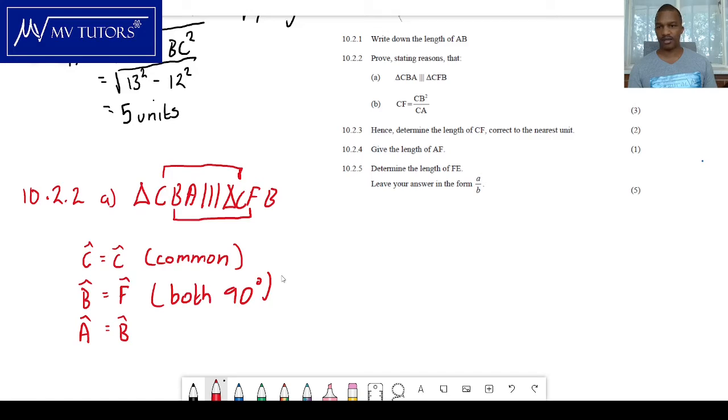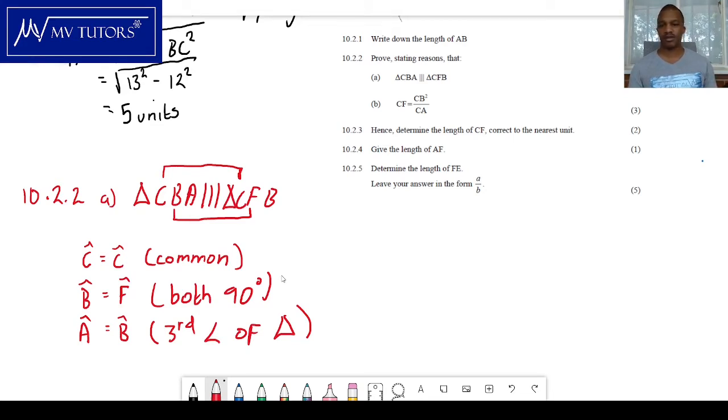We don't even need to prove them. You just need to say it's the third angle of the triangle. The third angle of a triangle is always going to be equal if two angles are equal.